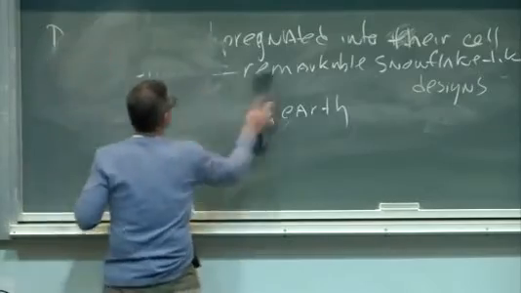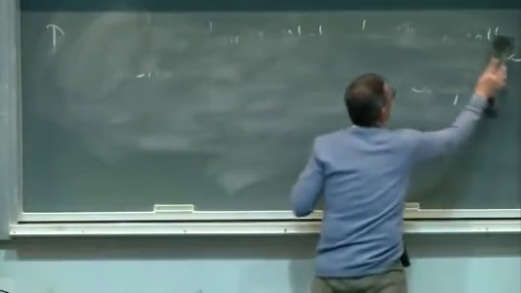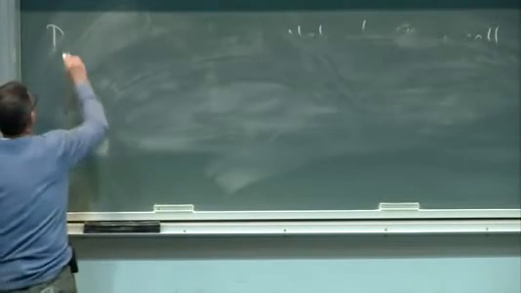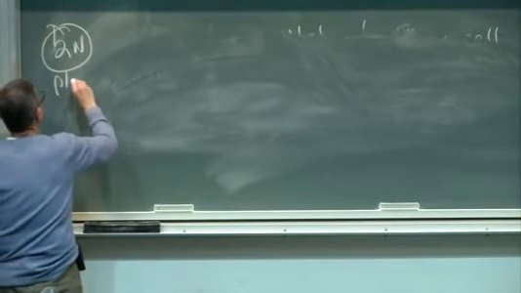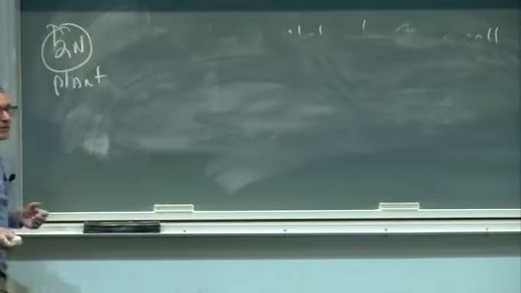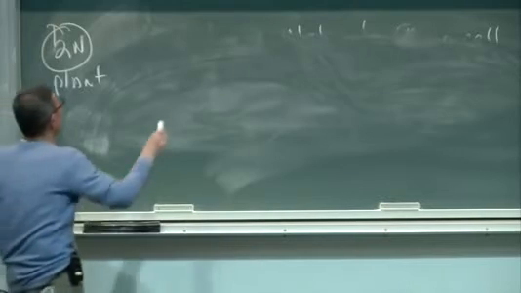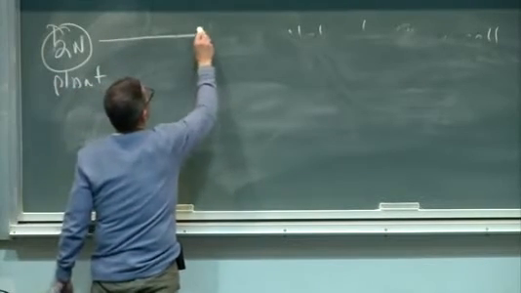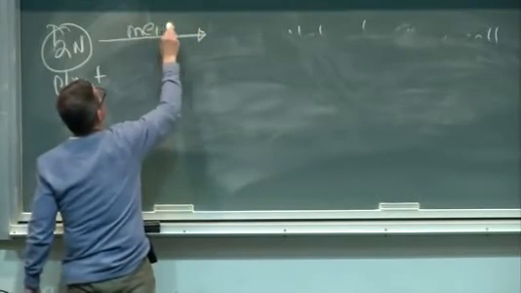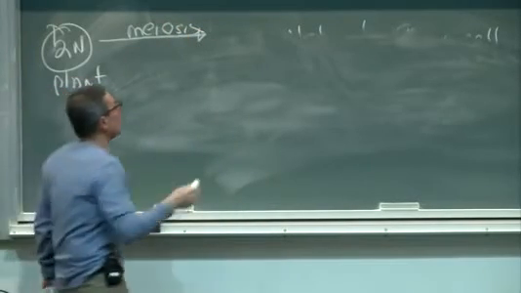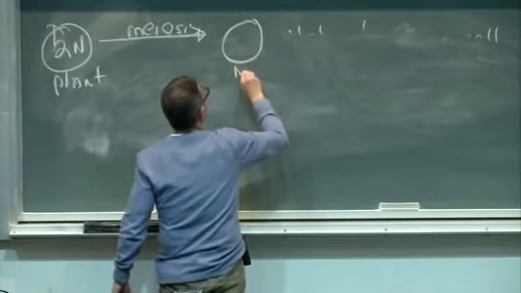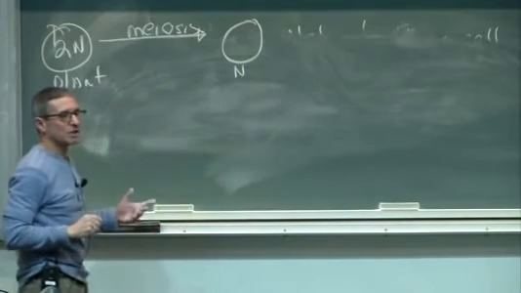So let's begin this life cycle exactly the same place. And we're going to start with one individual in this case. Let's start with a 2N plant. Now, this 2N plant, just like you saw with us, is going to have meiosis occurring. And we're going to make an N structure, just like you saw with the gamete.